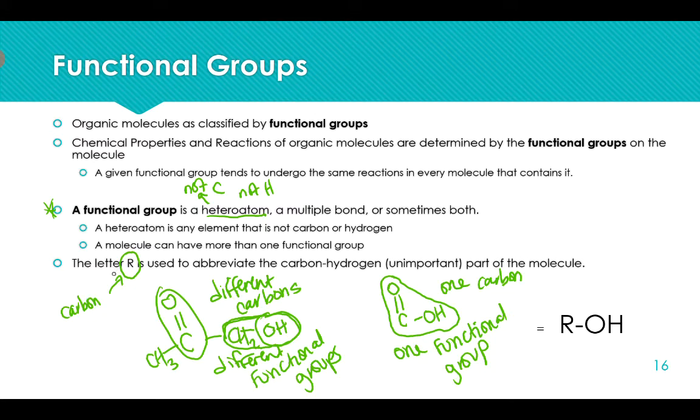So it always means carbon, but it's the rest of the molecule that you're not interested in. And so if we had something like CH3OH, we could abbreviate the CH3 with an R in order to focus just on the alcohol functional group.